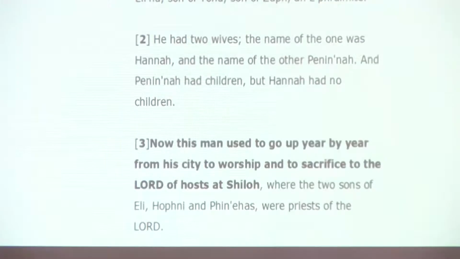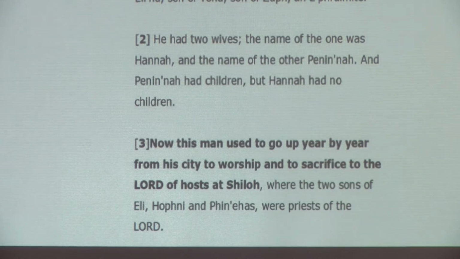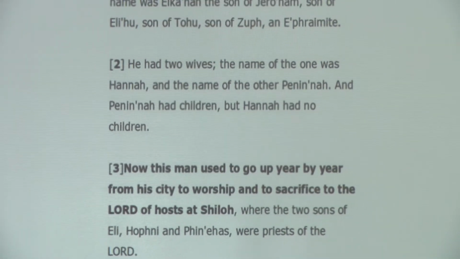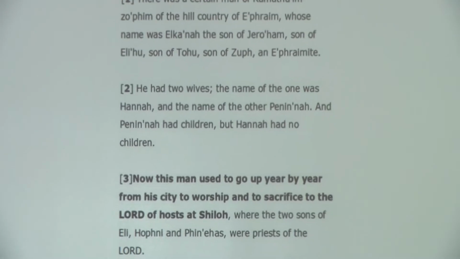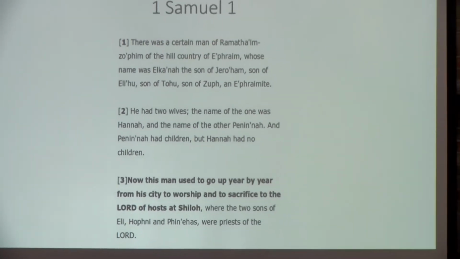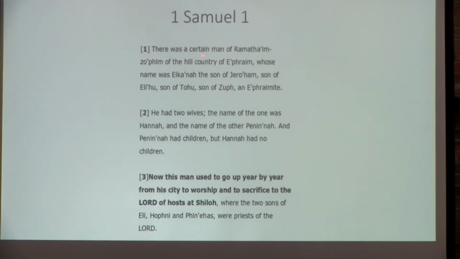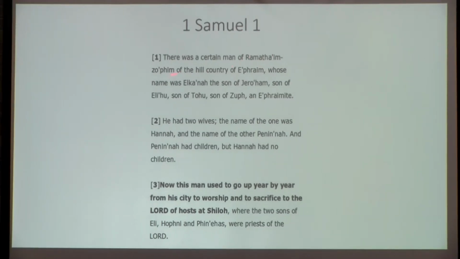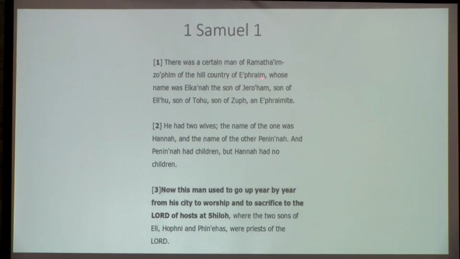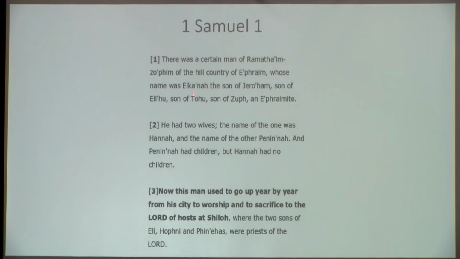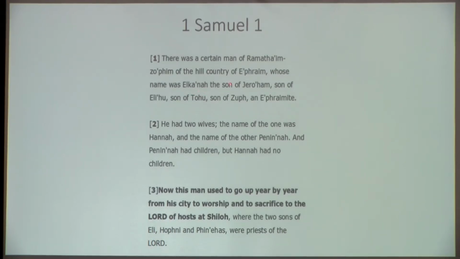This next verse is rather interesting because it is the first verse of the first chapter of 1 Samuel. And what does it say? There was a certain man of Ramoth Gilead of the hill country of Ephraim, whose name was Elkanah, and he had 2 wives.